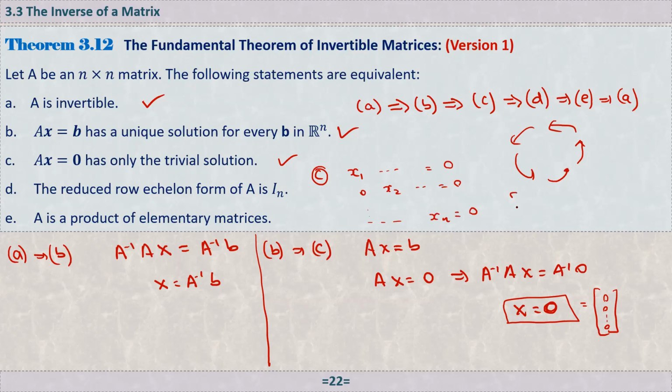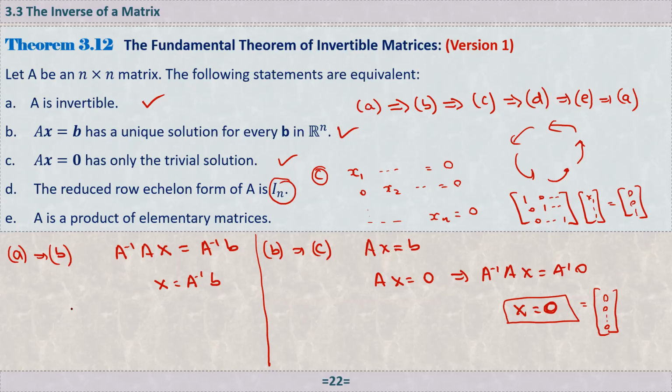I can write it as the identity matrix 1, 0, 0, 0, 1, 0, 0, 1, times x1, x2, x3, and on the right hand side we have 0, 0, 0. That means that we have changed our system into this form, which has an identity matrix here. That means that the reduced row echelon form of A is In, the identity matrix.